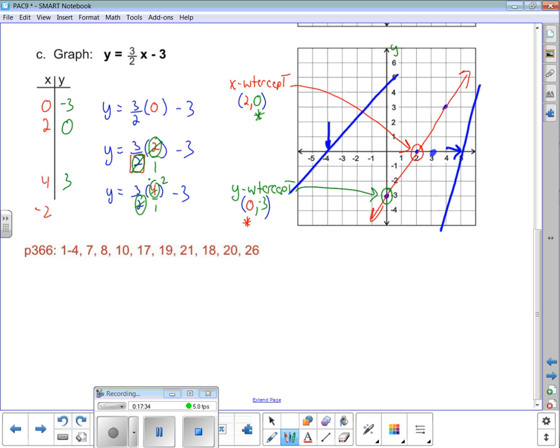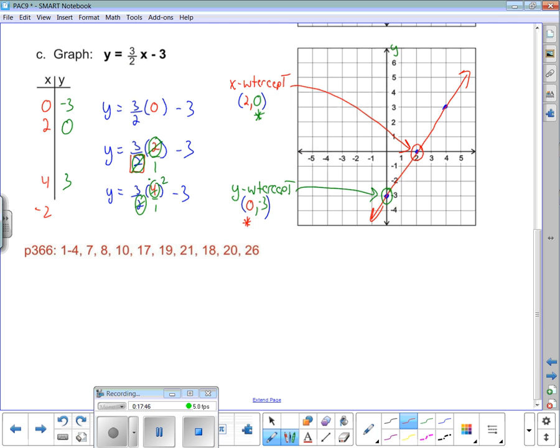What's the y-coordinate of that point? 0. What's the y-coordinate of every x-intercept? 0. And you know what? For that reason, sometimes we don't even call them the x-intercept. We call them a 0. A 0 or the x-intercept.